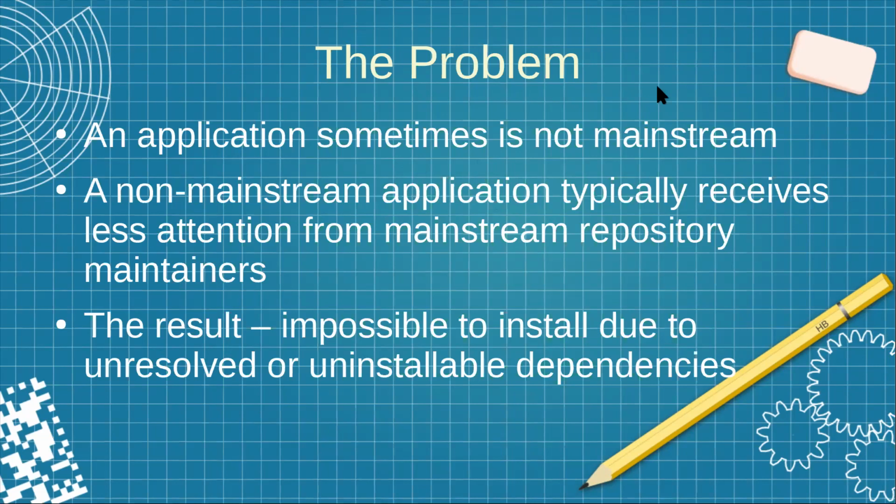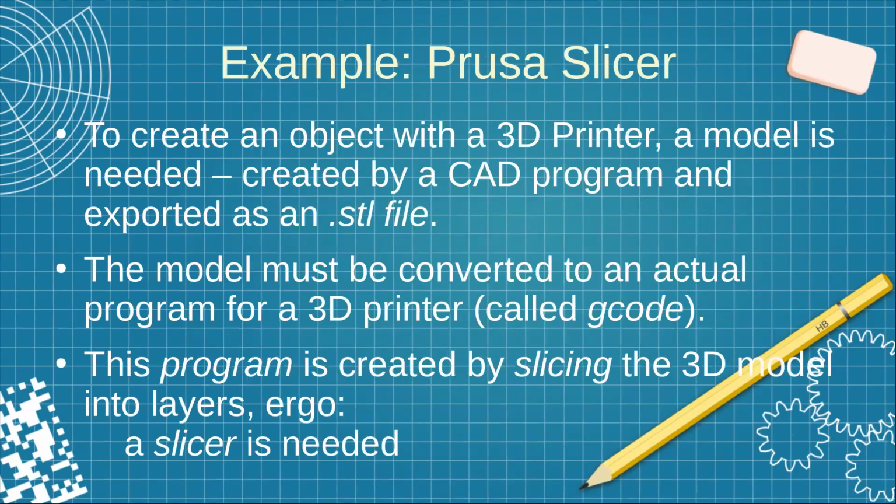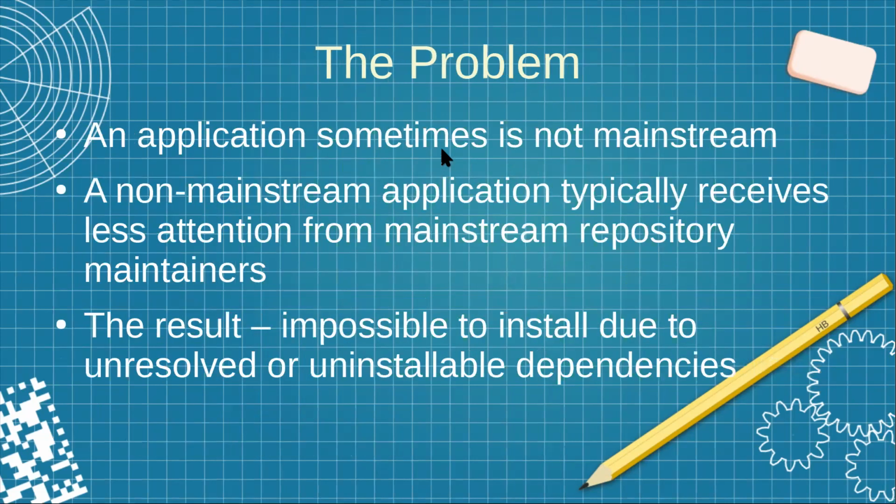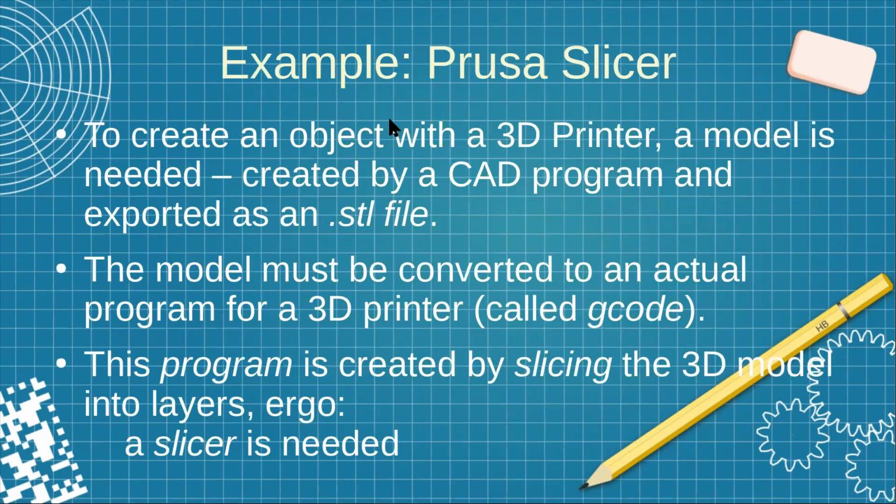All right, let's back up a second. Prusa Slicer is a program to create a 3D, quote unquote, program that is used to print an object. To print an object, you have to have a 3D model created by a CAD program.